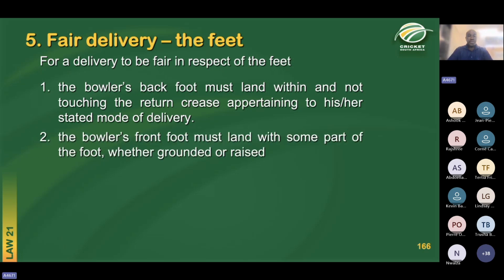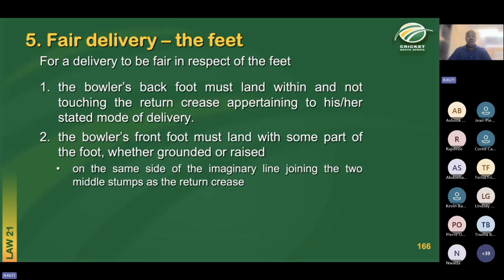What about the front foot? The bowler's front foot must land with some part of the foot, whether grounded or raised, on the same side of the imaginary line joining the two middle stumps as the return crease.